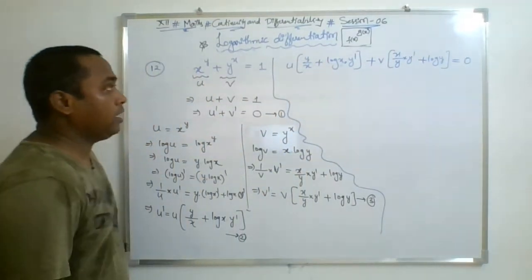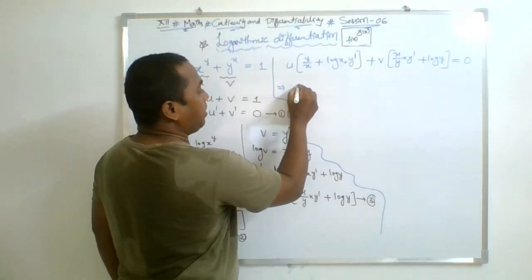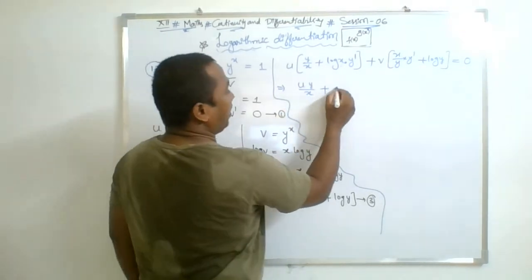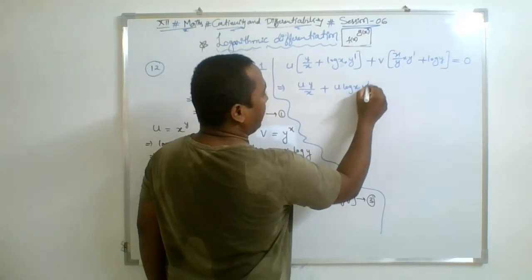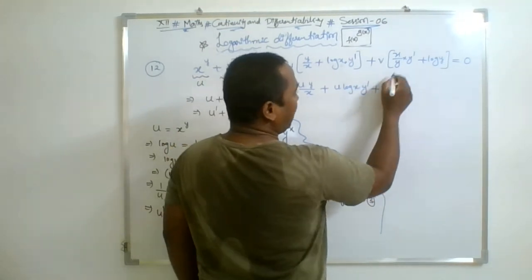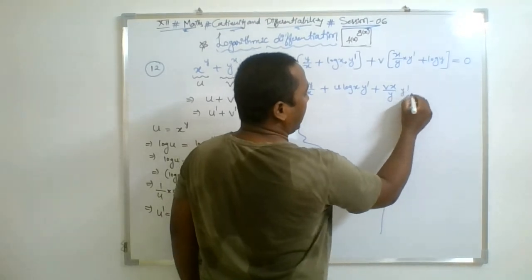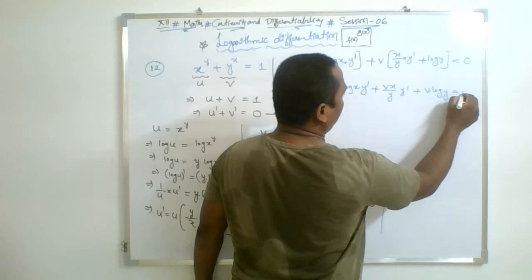Correct? Now simply multiply this u inside. It becomes u into y by x plus u into log x into y dash plus multiply with v, x upon y into y dash plus v into log y equal to 0.